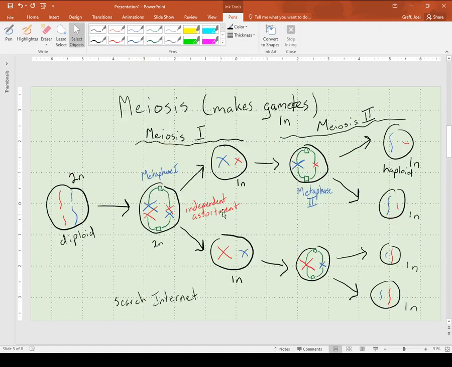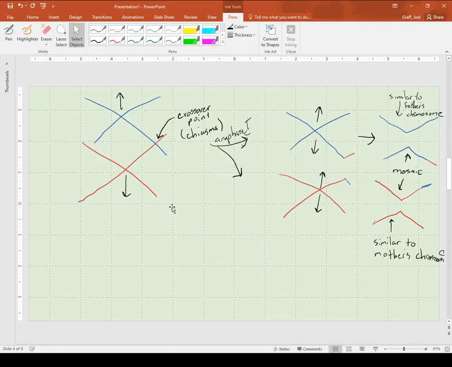We don't want to forget that we had the independent assortment here. So in the end, what all this does is, some key features of meiosis, like the independent assortment and the ability to do this crossing over, really speeds up, really increases genetic diversity for each generation.